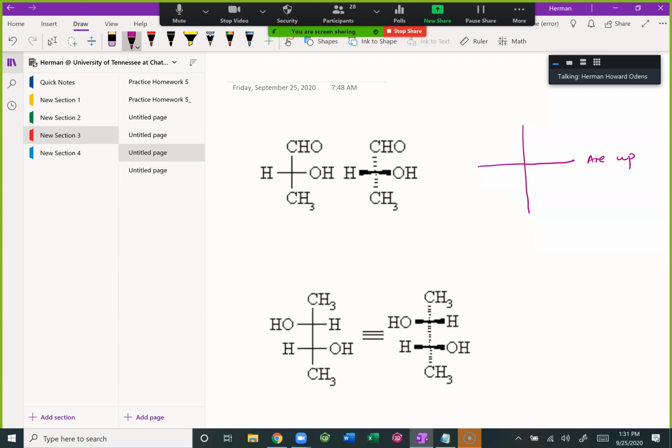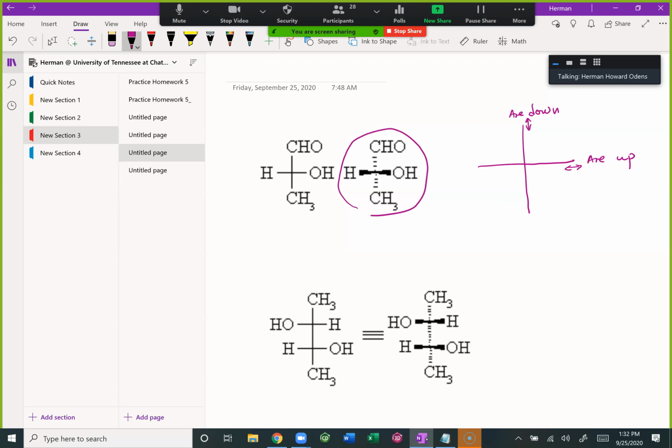The atoms vertically are down. If you look at this, this is what your molecular model set will look like. Your H on the left and the OH on the right are both sticking towards you. This is a tetrahedral structure, and they are looking towards you.